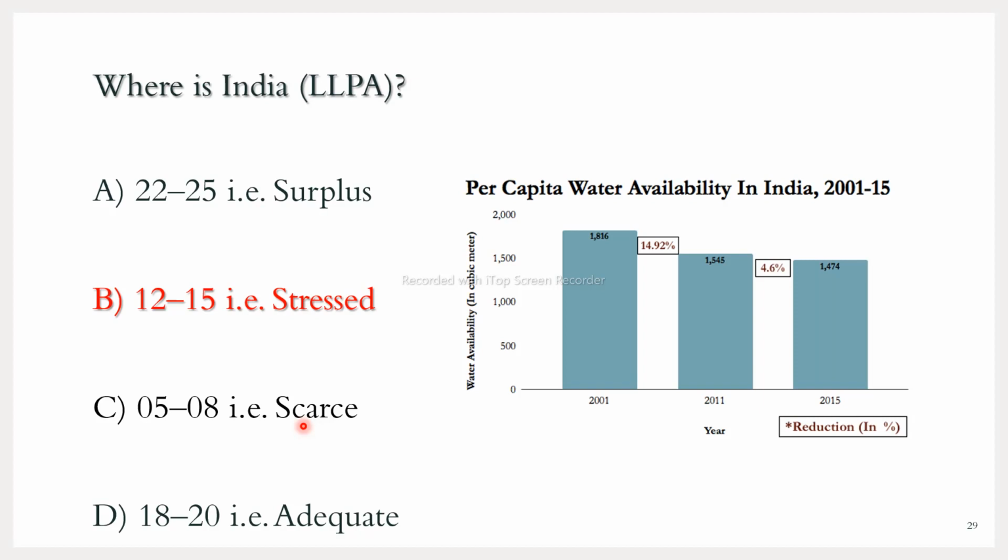I am living in Mumbai, so I am not experiencing that kind of situation, but you have seen many news reports from Tamil Nadu or some south states where water is locally scarce. As a whole, India is stressed.